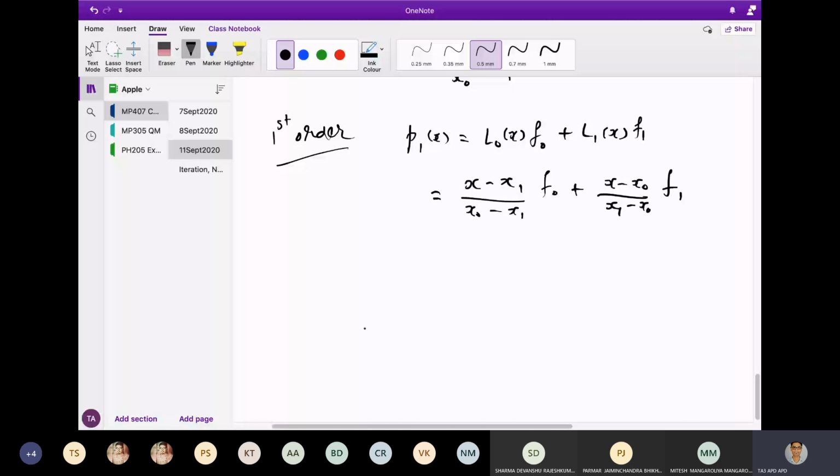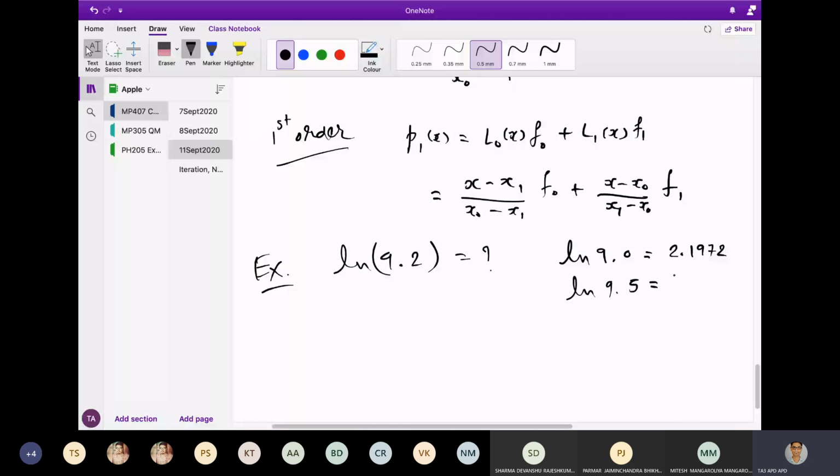For example, if you want to obtain the value of the natural logarithm ln of 9.2, you are given that ln 9.0 is equal to 2.1972 and ln 9.5 is equal to 2.2513.